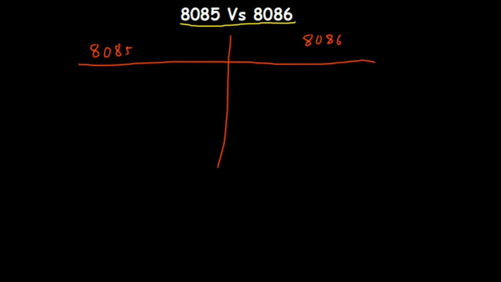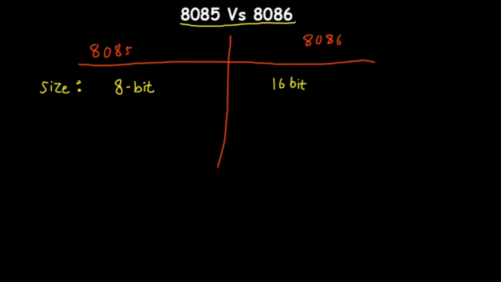So the first thing that we are having here is size. On the basis of the size, 8085 is 8-bit, meaning it can process 8 bits at a time, 8 zeros and ones. And 8086 can process just the double, 16-bit, meaning 16 possible combinations of zeros and ones.